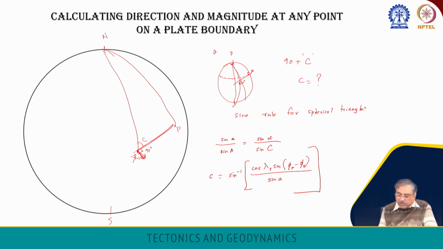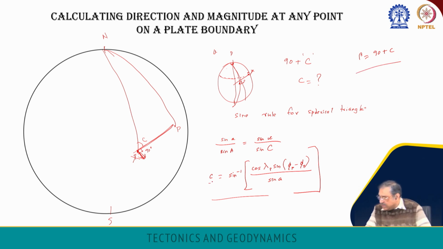So now you can actually see that we can find out exactly what this value would be. So the value of beta would be equal to 90 plus C. So this would be the whole value of beta. This is what we would get.